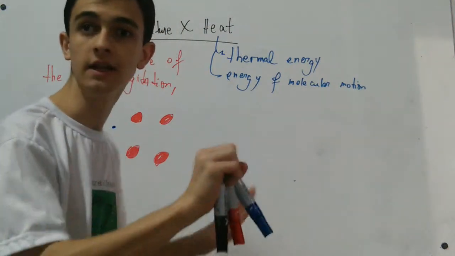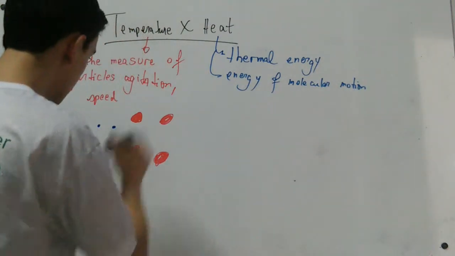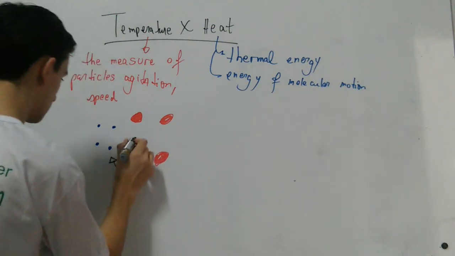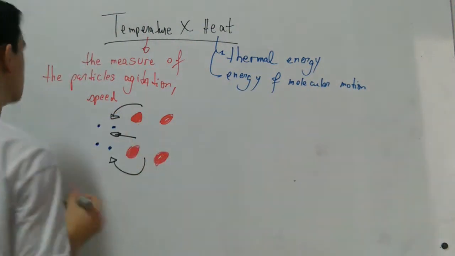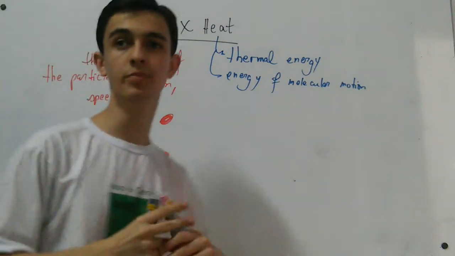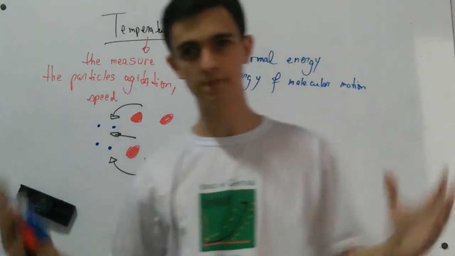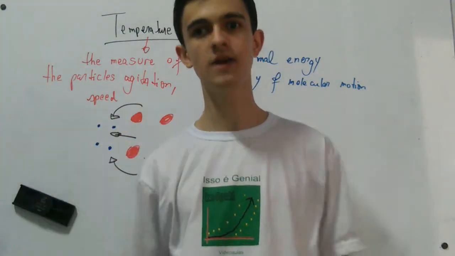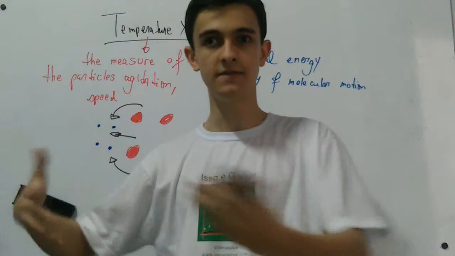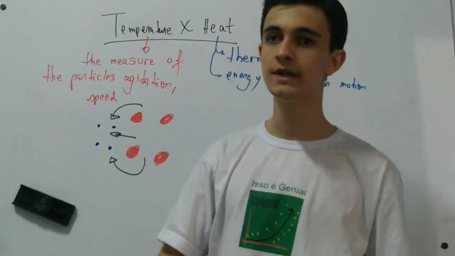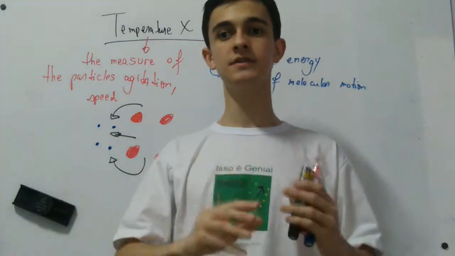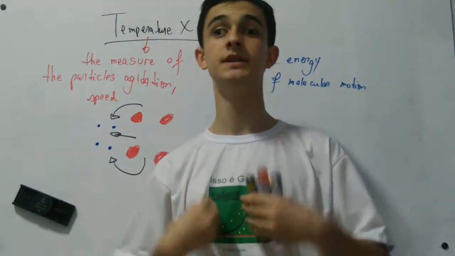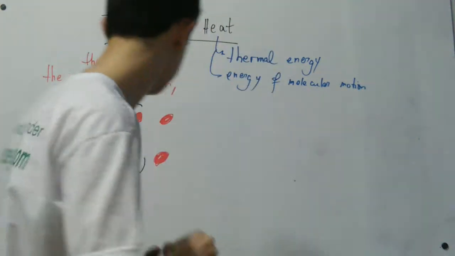So naturally, heat is going to be transferred from the hottest one to the coldest one. All the time you put objects of different temperatures in contact, there is going to be heat transfer from the hottest to the coldest one. And this heat transfer is going to happen until all the objects reach the same temperature, the temperature of equilibrium.